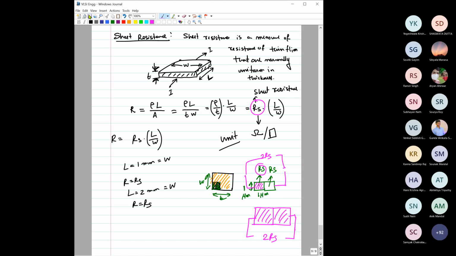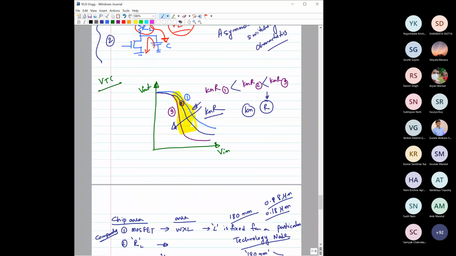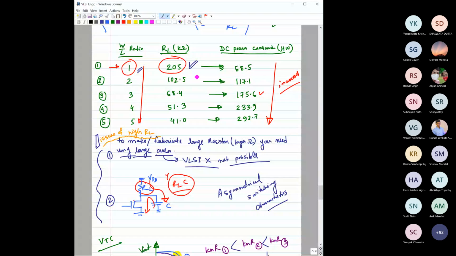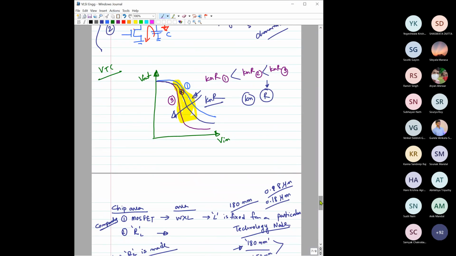So we'll do it in the next class, and we'll show what would be the expected length to make a resistance of, say, this one here, 205 kilo ohm. Then what will be the length? Okay, so with this we will stop our discussion here.